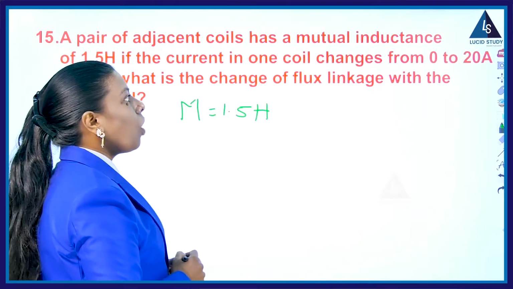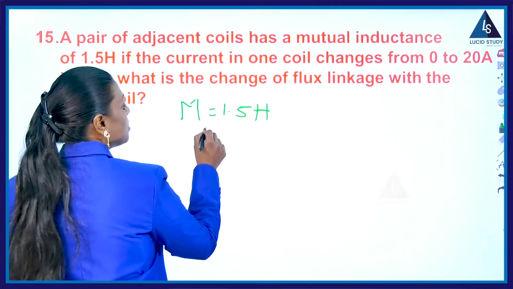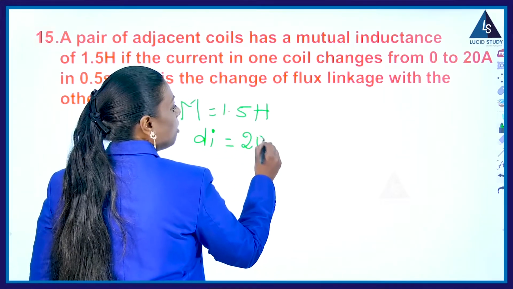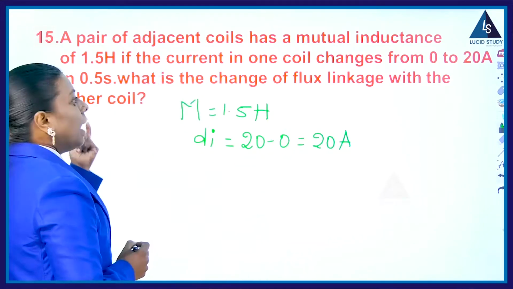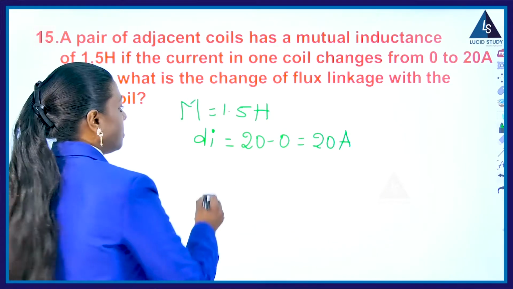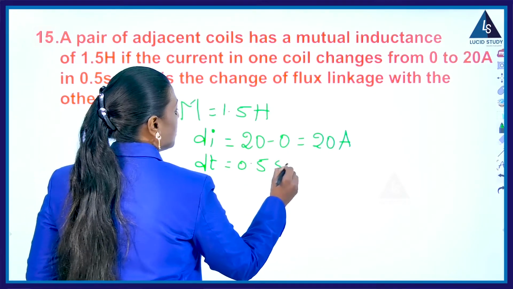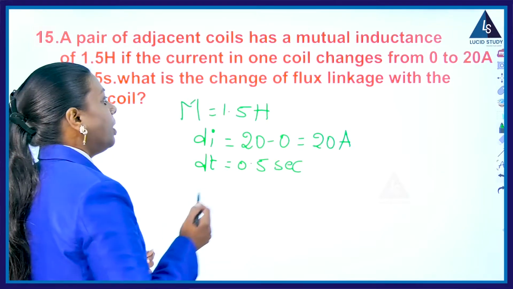The change in current is dI equal to 20 minus 0, which is 20 amperes, in 0.5 seconds, so dt is 0.5 seconds. What is the change of flux linkage with the coil?